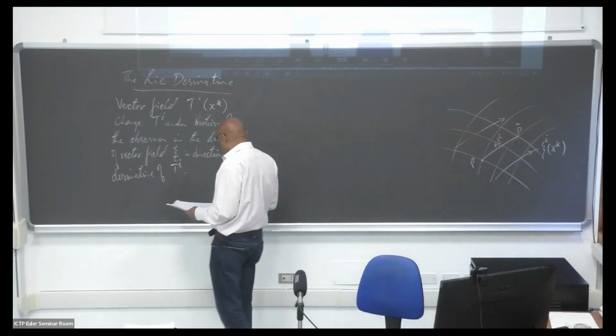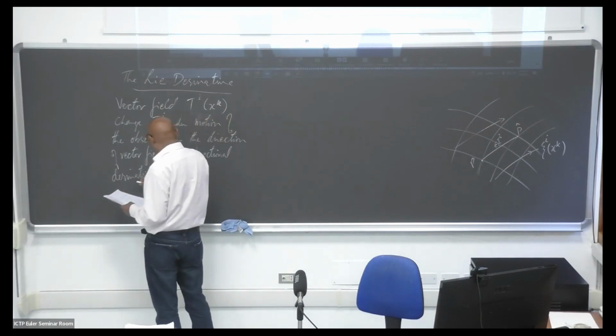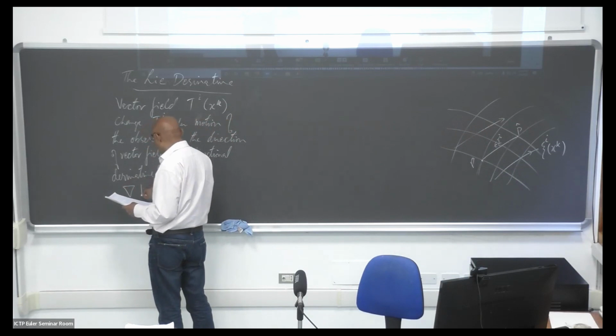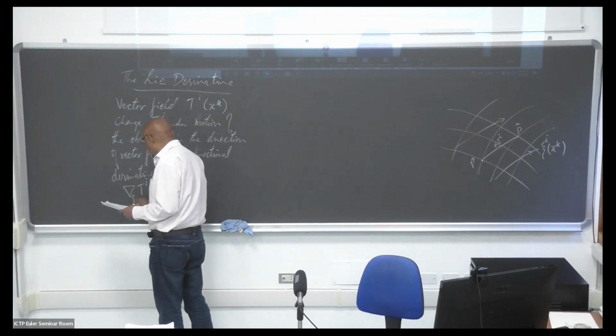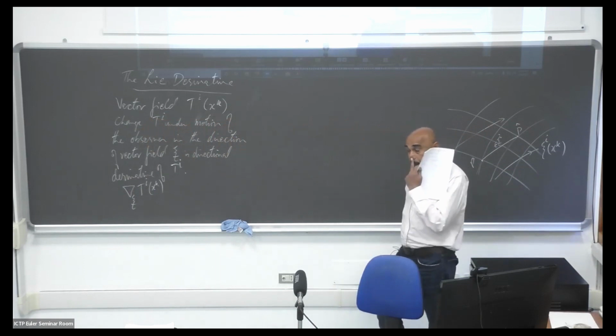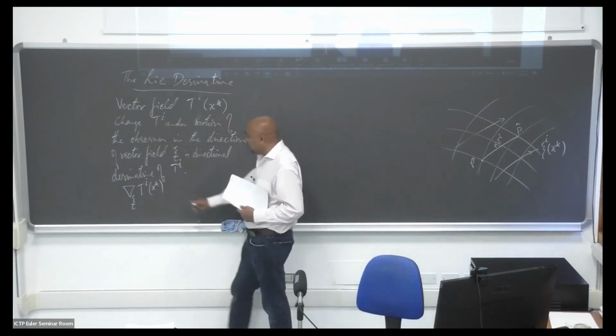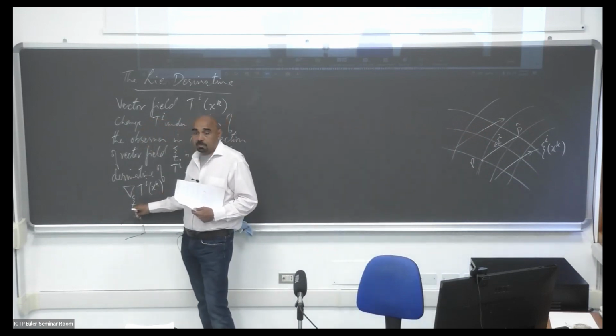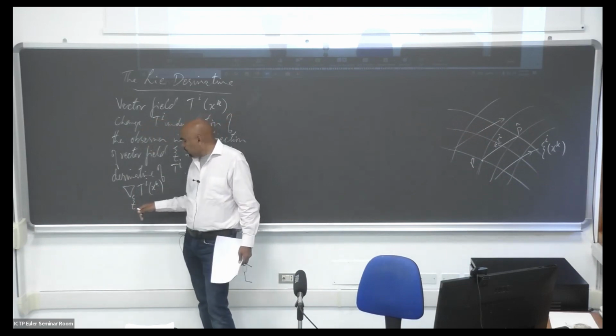So the directional derivative, I represent by the derivative of Ti xk in the direction xi. So this is the derivative of this object Ti, which depends on these coordinates xk.